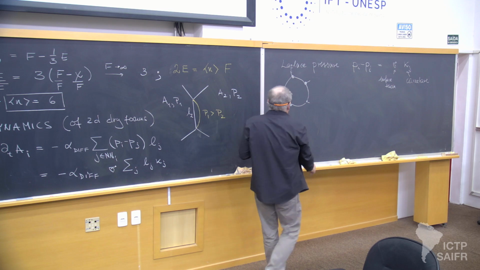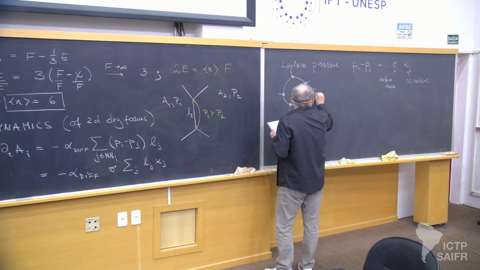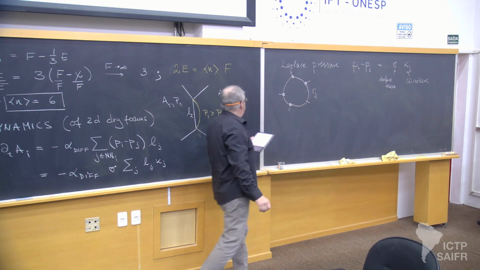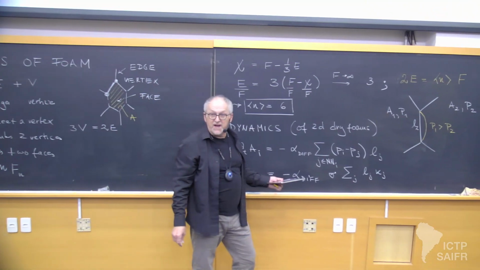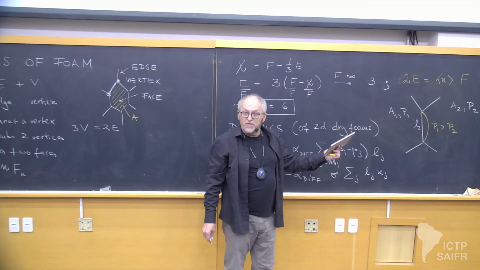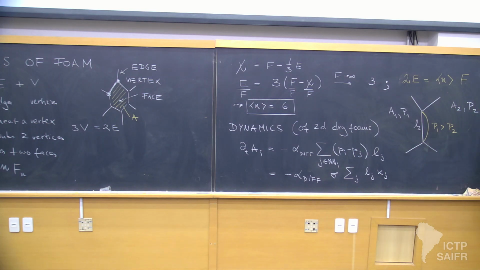Right, and I call this curve that you see here gamma j. And I can rewrite then the length of the interface as a line integral over this curve, which then gives you the length.